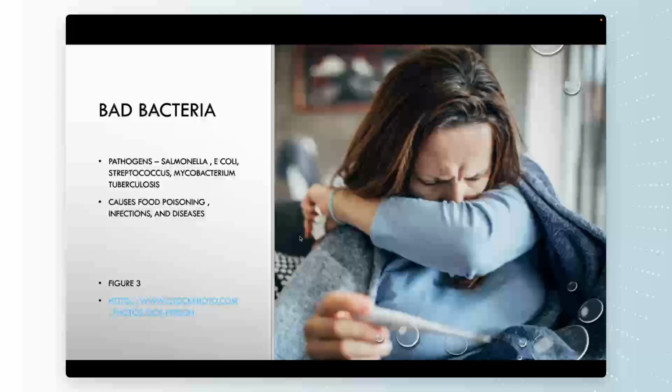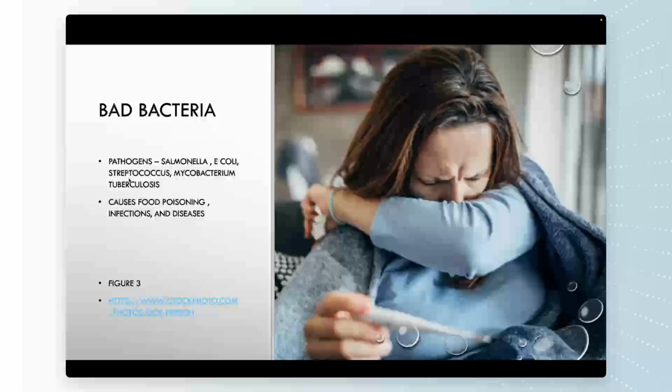And here we have the bad side of bacteria. Of course, not all bacteria is friendly. We have harmful bacteria, also referred to as pathogens. These pathogens can cause infections and disease. For example, I'm sure you've heard of Salmonella and E. coli, which are common causes of food poisoning.